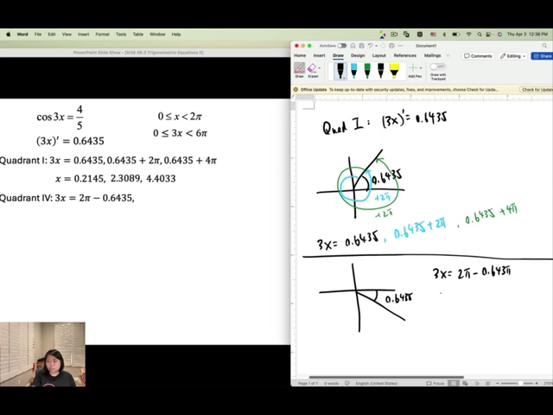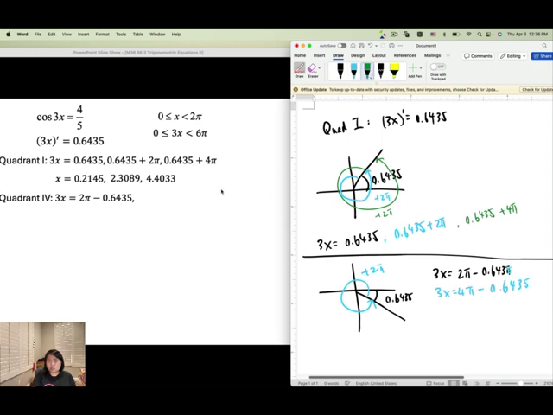There are 2 ways to do it. You could just find this answer and then add another 2 pi. Or, since I know 2 pi is 360 degrees, and another 2 pi will be 4 pi, I'm going to do the same thing: 4 pi minus 0.6435.